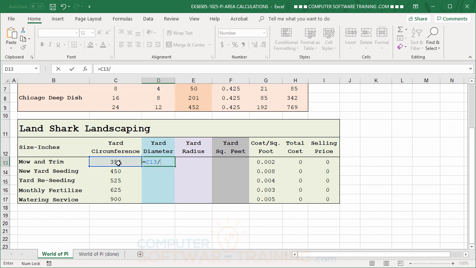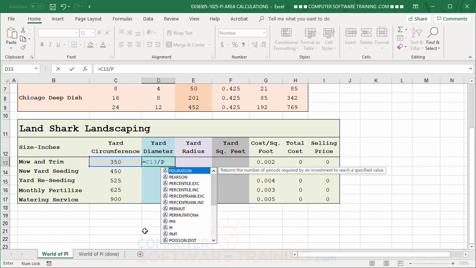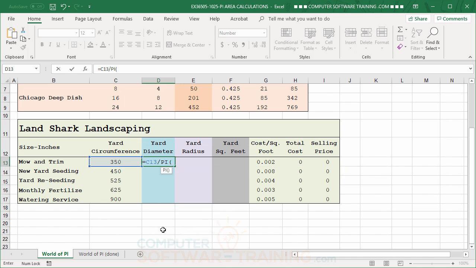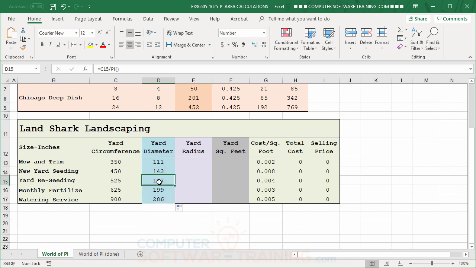So divided by P, letter P, there's pi, and we close it up. That's it. That's how you find the diameter, by taking the circumference divided by pi. You enter that in, there you go. And we'll copy that down to the bottom, all right? So there they are.